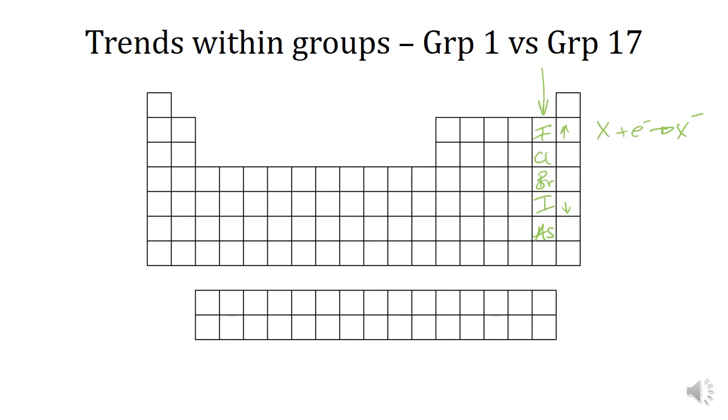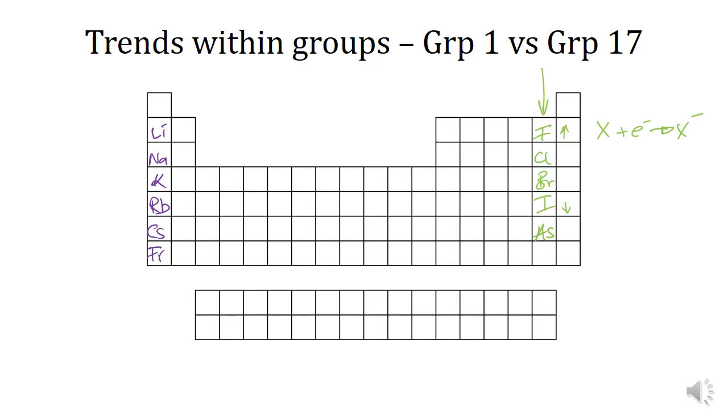The same logic, but in the opposite direction, works for our alkali metals. We've got lithium, sodium, potassium, rubidium, cesium, and francium. I'm not sure how to pronounce francium.